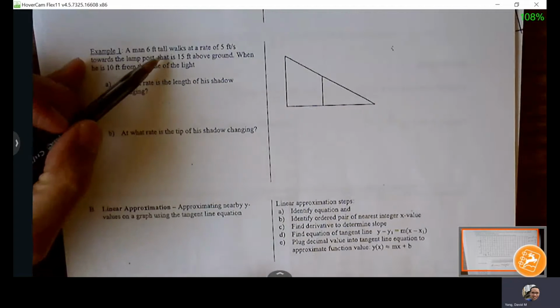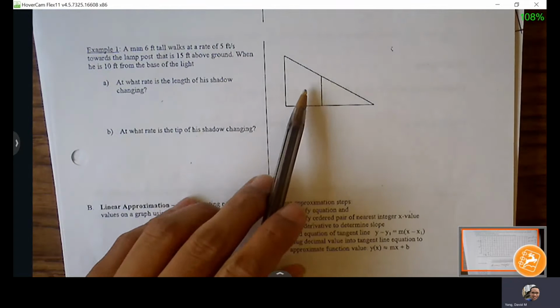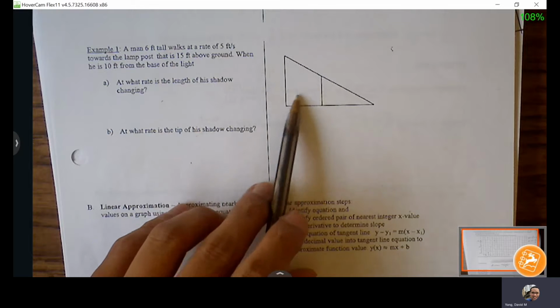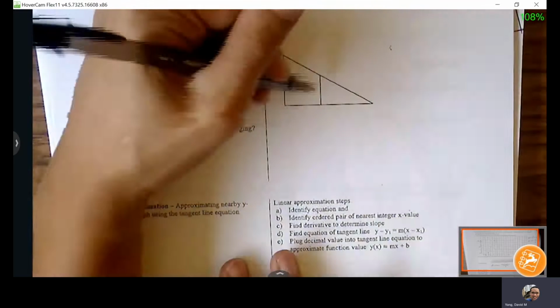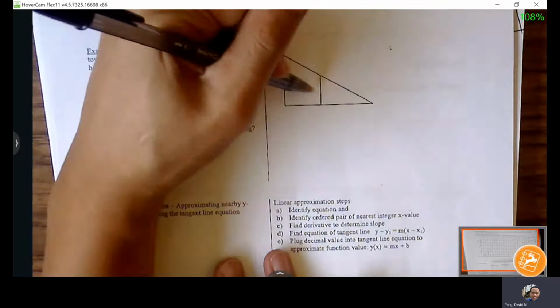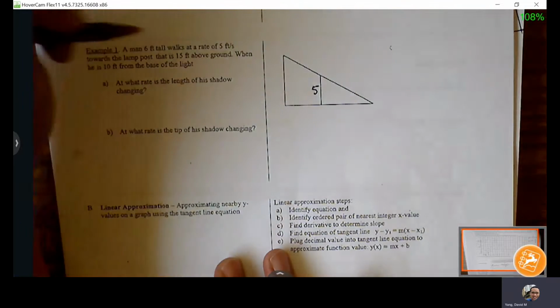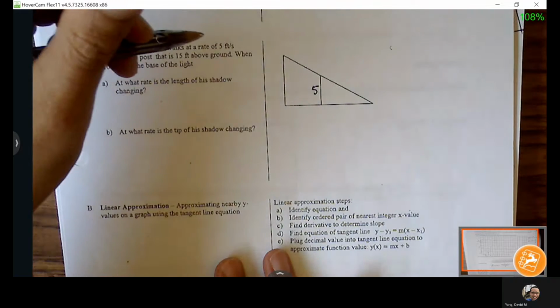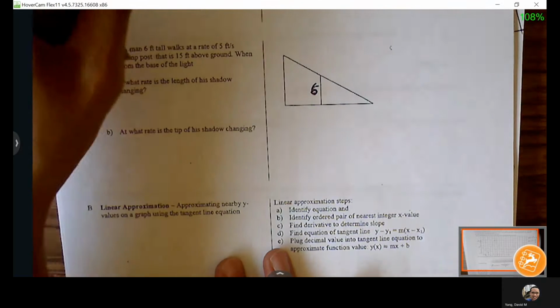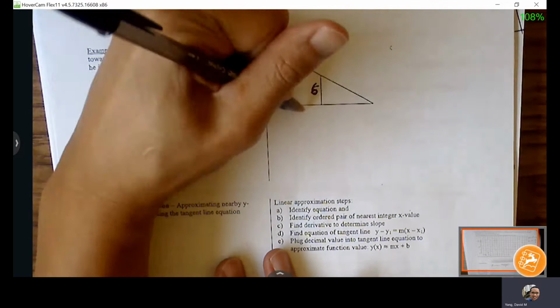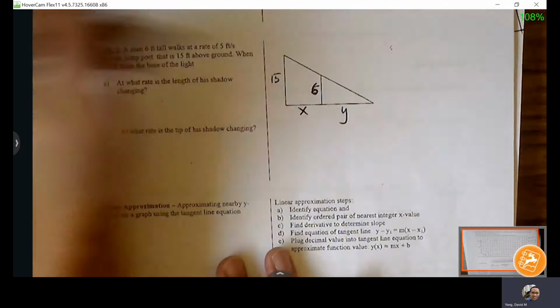A man 6 feet tall walks at a rate of 5 feet per second towards the lamppost that's 15 feet above ground. So we're always going to set it the same way, just the vertical components may change. Sorry, 6. And I always like to just label this as x and y.